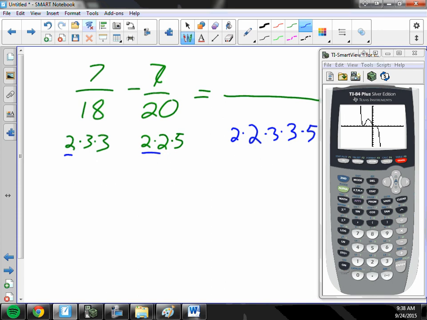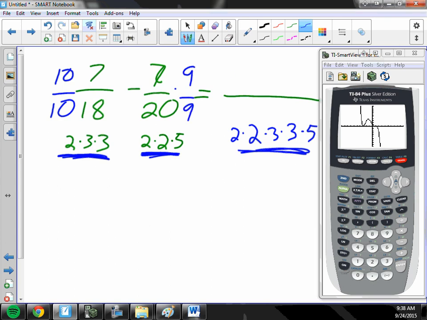So you don't want to put in extra stuff. So then I look, what does this need that this has? A 5 and a 2. So I'm going to times this by 10 over 10. And then what does this need that the common denominator has? 2 3's. So I'm going to times this one by 9 over 9.